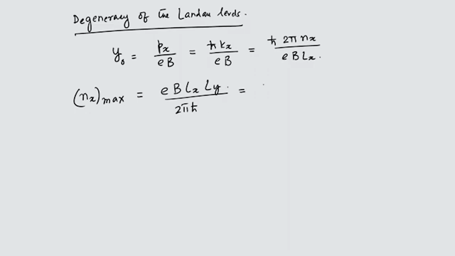So, this is equal to eB into A, where A is the area of the sample. Do not confuse it with anything else, A is the area of the sample.